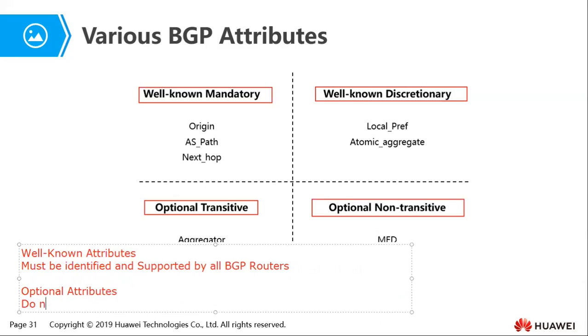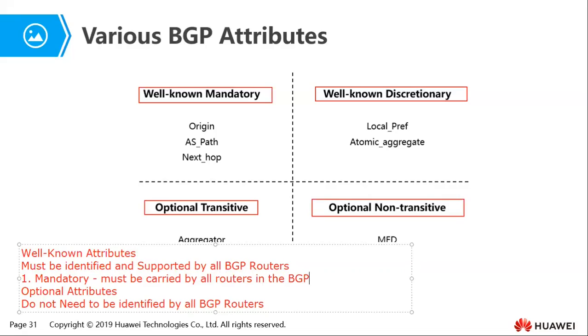The optional attributes do not need to be identified by all BGP routers. So that's the main difference between well-known attributes and optional attributes. Now, under well-known, we have the mandatory. Mandatory means it must be carried by all routers in the BGP update.